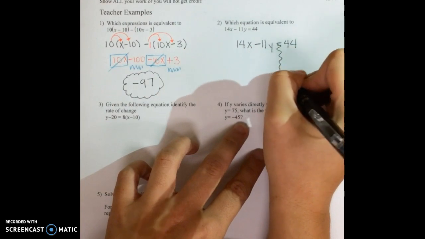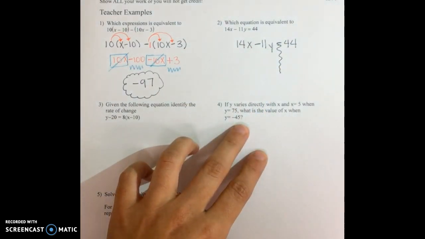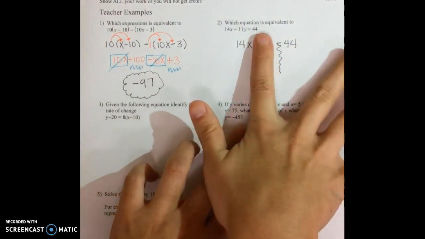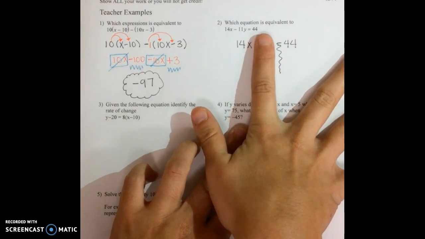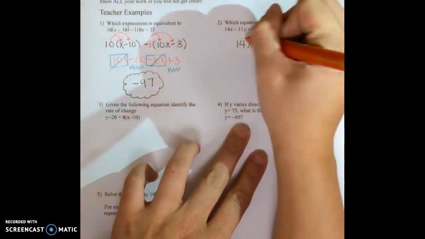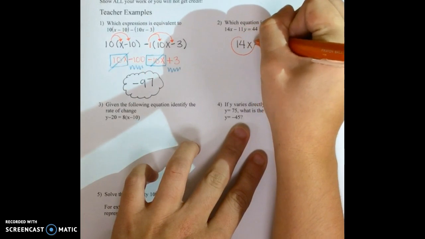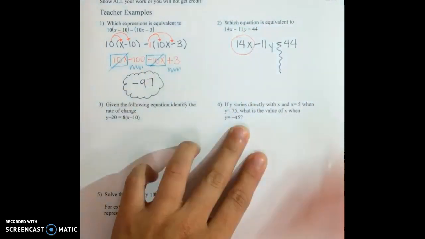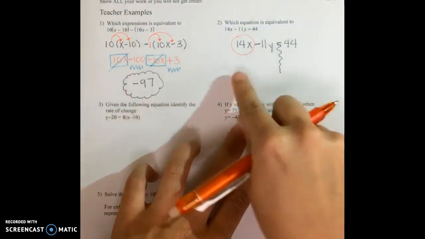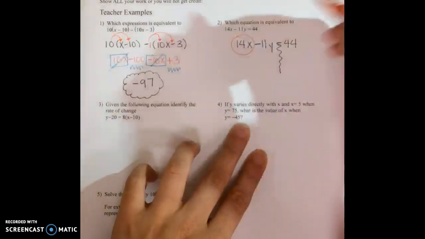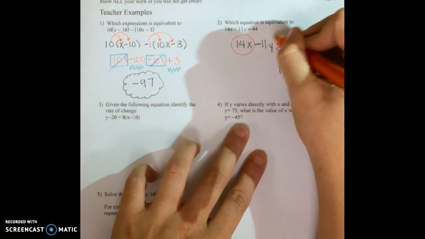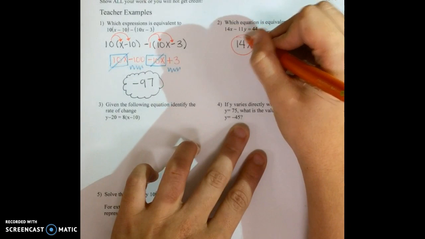What I'm going to do is draw the fence. If you want y by itself, cover it with your finger. What's bothering it? That 14x. So this needs to go to the other side with that 44. We don't want it on the same side as the y anymore. So when you're moving something and it's crossing the fence, it's going to change signs.